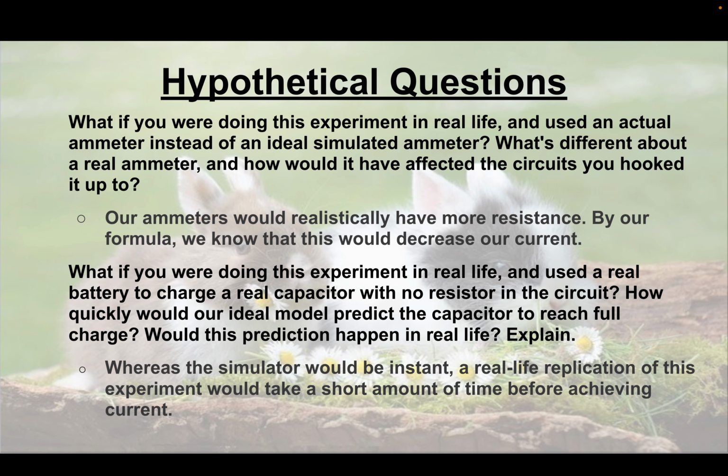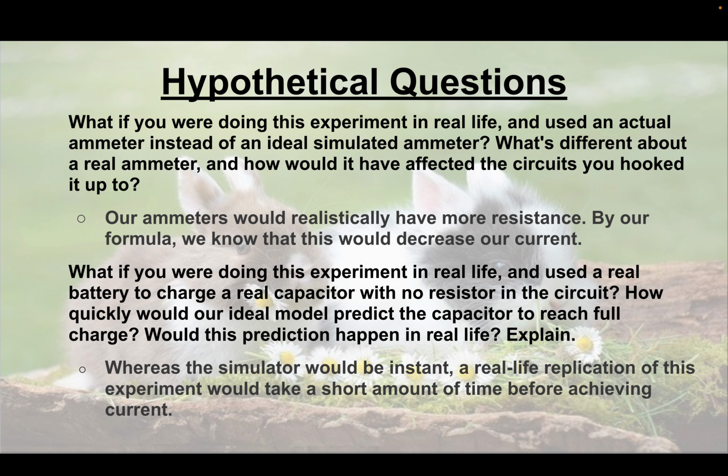We were also given two key hypothetical questions. The first is basically saying, what if we were to do this experiment in real life and use an actual ammeter instead of an ideal simulated one, and what's different about them and how would it have affected the circuits that we hooked it up to? So basically, if we did this in real life, there would definitely be more resistance because, again, ammeters aren't perfect. They don't match this perfect simulated environment that we're using.